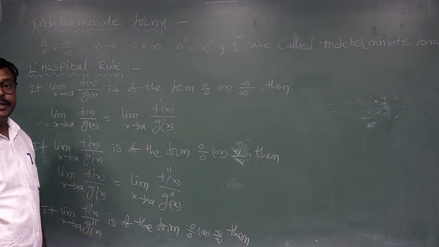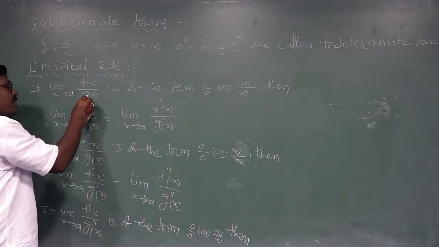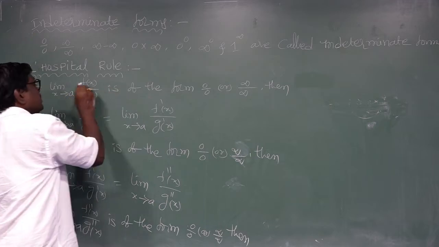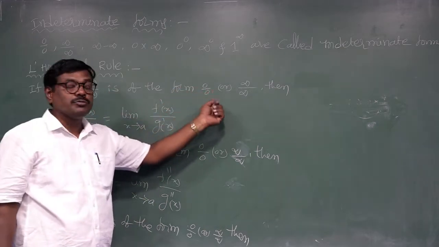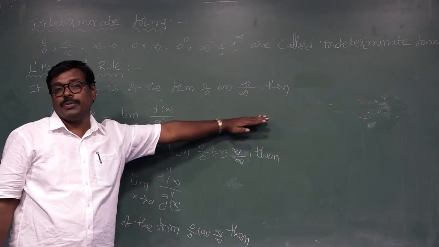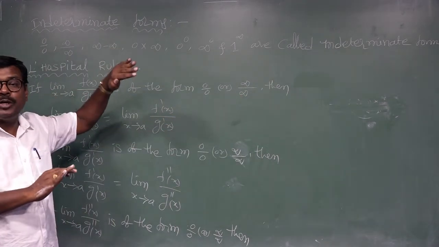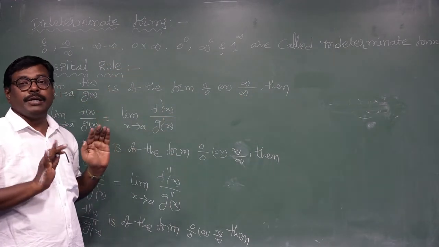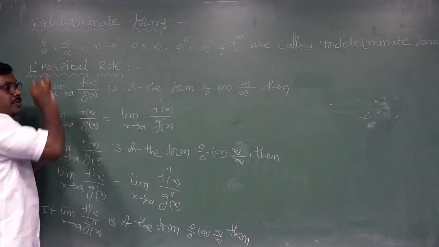This is separate derivatives of f of x by g of x. On substitution, if this is of the form 0 by 0 or infinity by infinity, we take the numerator derivative and the denominator derivative. This is called the L'Hospital rule.